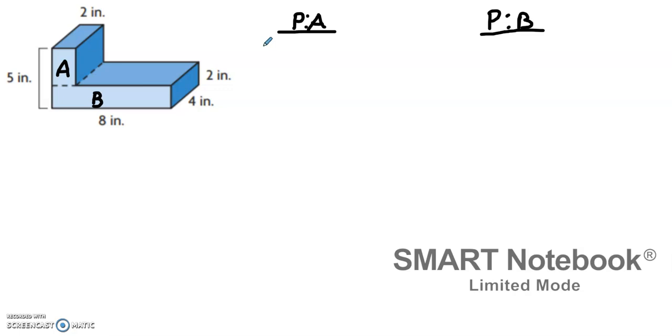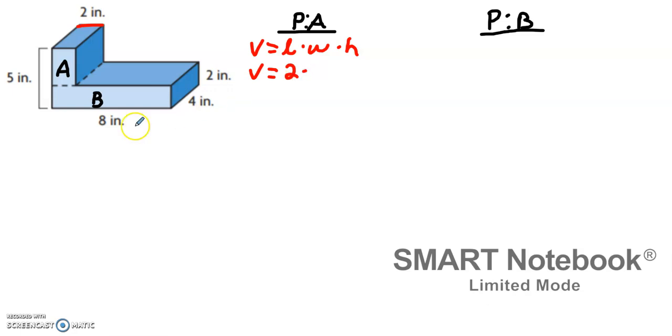So let's look at prism A first. I'm going to write my volume formula, V equals L times W times H. I'm looking for my volume and I don't know what that is, so I keep my V. Then I look for the length. The length is what goes from side to side, and this side right here tells me that it's 2 inches, so I write the 2.